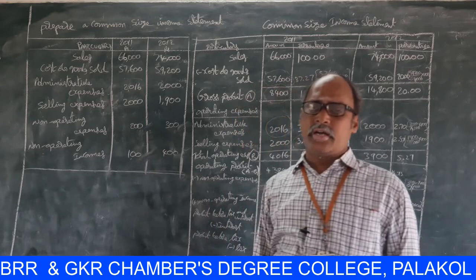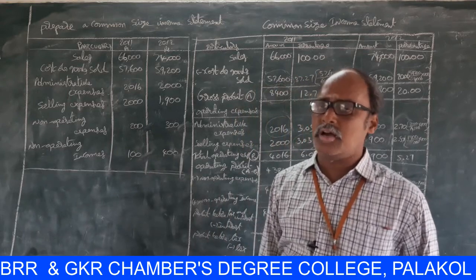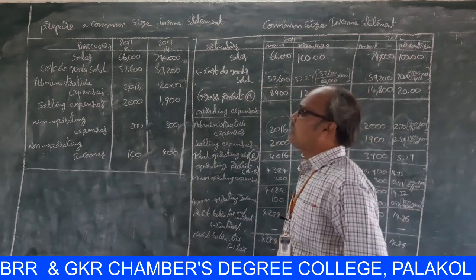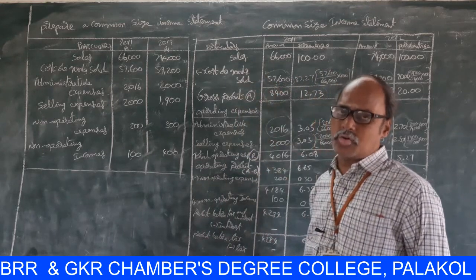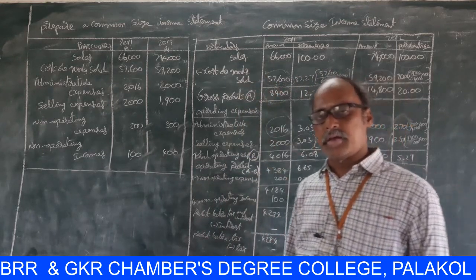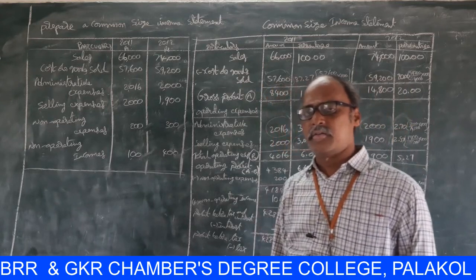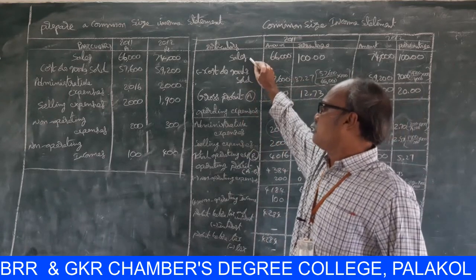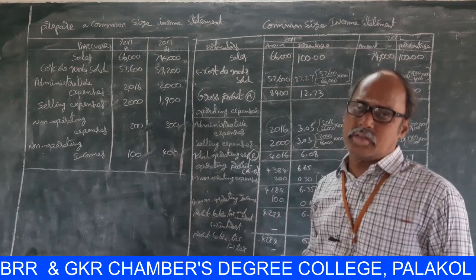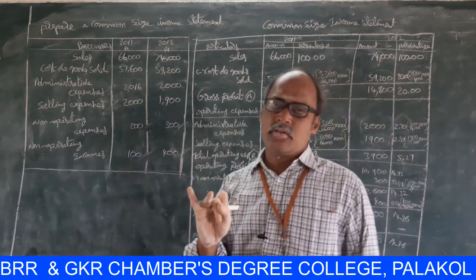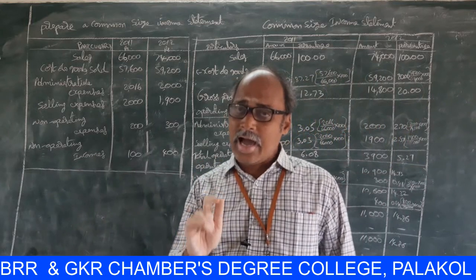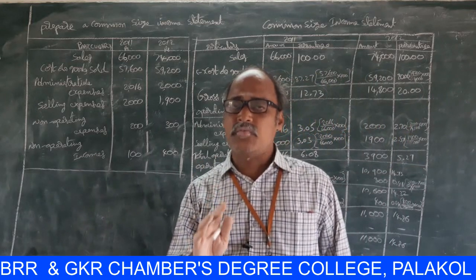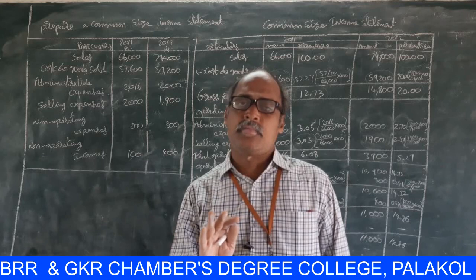Before going to that, I want to explain how we prepare the common size income statement. This is the procedure we have to follow. Sales minus cost of goods sold gives the gross profit. Minus operating expenses, add operating income, then we find operating profit.